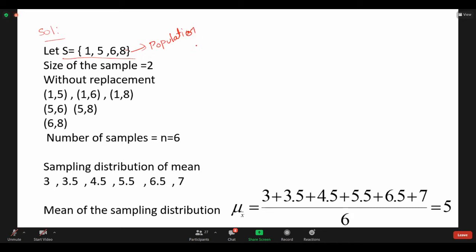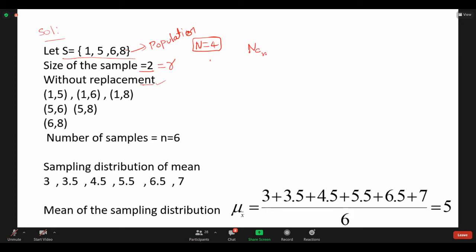The population contains 4 elements, so capital N equals 4, and the random sample size is 2. We are selecting the random sample of size 2 without replacement. Without replacement, we know the formula for the number of possible random samples. Anyone remember that one?